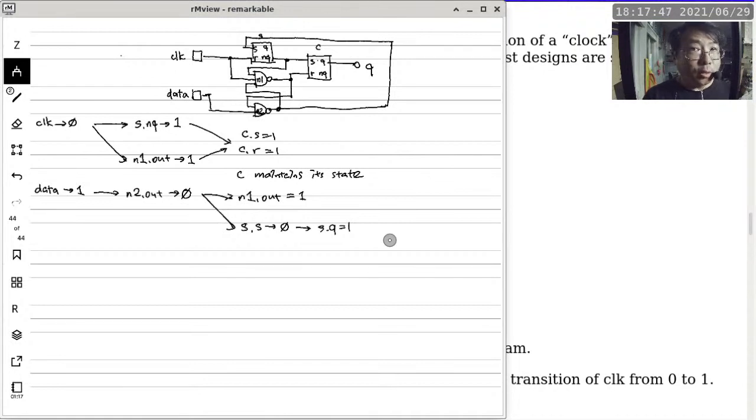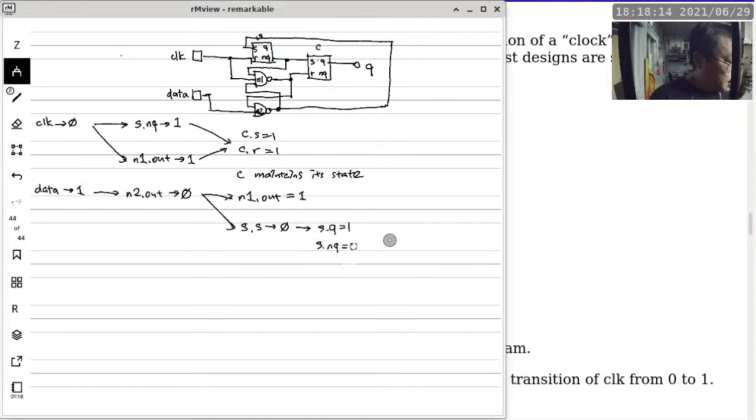The answer is no, it is not going to do anything to NQ because the R pin of this Ssr latch is connected to the clock pin. The clock pin is still a 0. We haven't changed it yet. So the output of NQ of this Ssr latch S is maintaining.